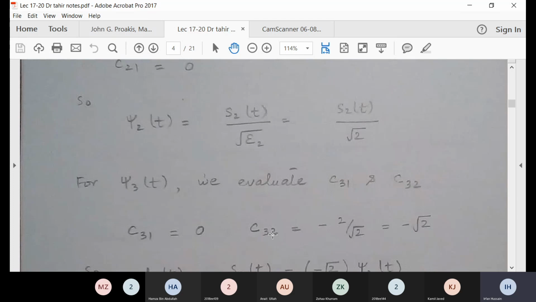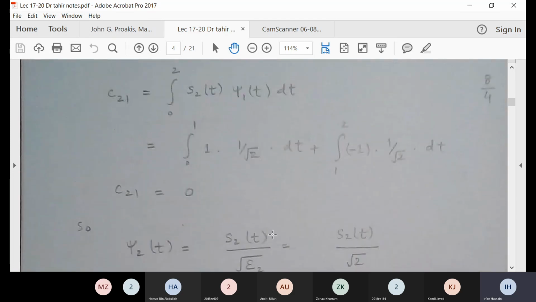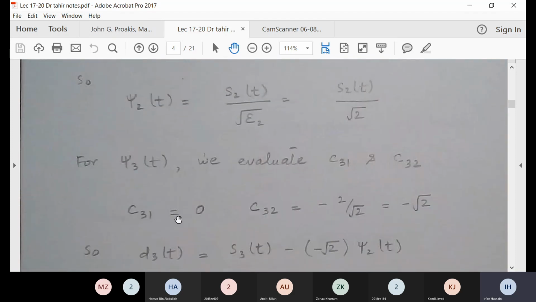Similarly, C32 will be S3 onto psi2, as we saw previously when you were taking the projection of S2 on psi1 for C21. So for C31, the projection of S3 on psi1, and for C32, the projection of S3 on psi2.